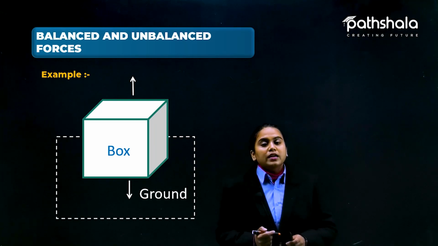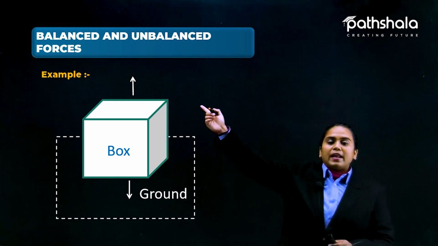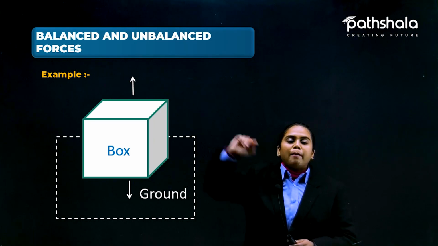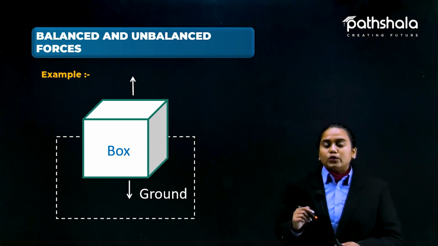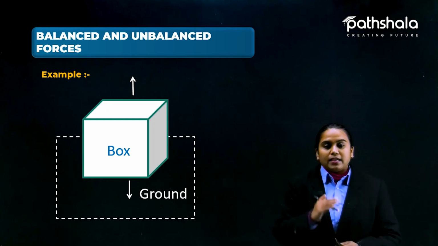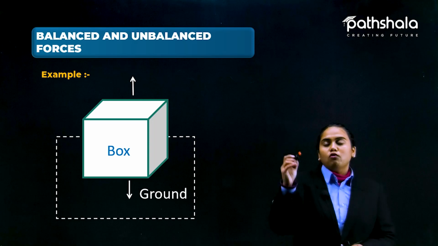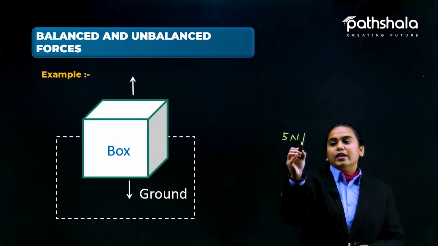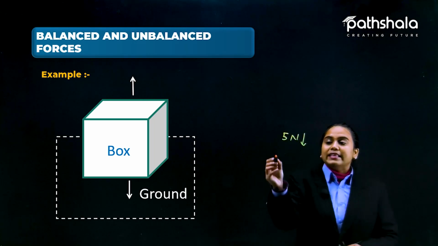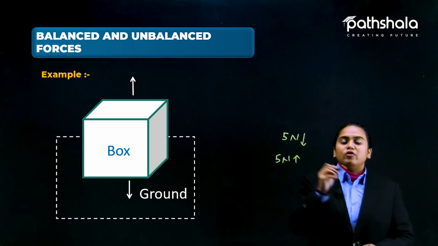Yes, because the ground is also applying an equal and opposite force. That is why it gets balanced. Like, if this box is applying 5 Newton of force in the downward direction, then the ground is also applying the same amount of force in the upward direction.